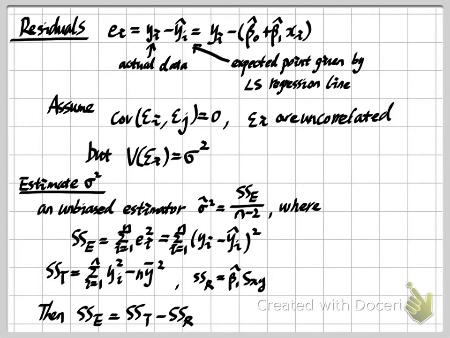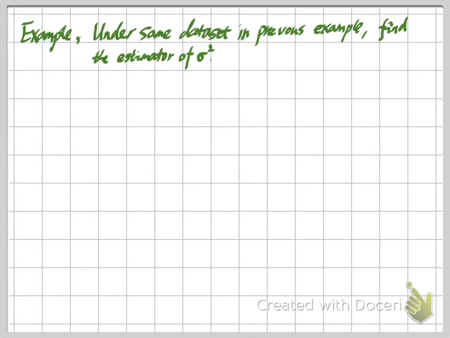Then let's use the data of our previous example. Here we want to compute the estimator of our sigma square. Of course, we just use the formula of our unbiased estimator of sigma square, which is SSE divided by n minus 2. We have two methods to do this.